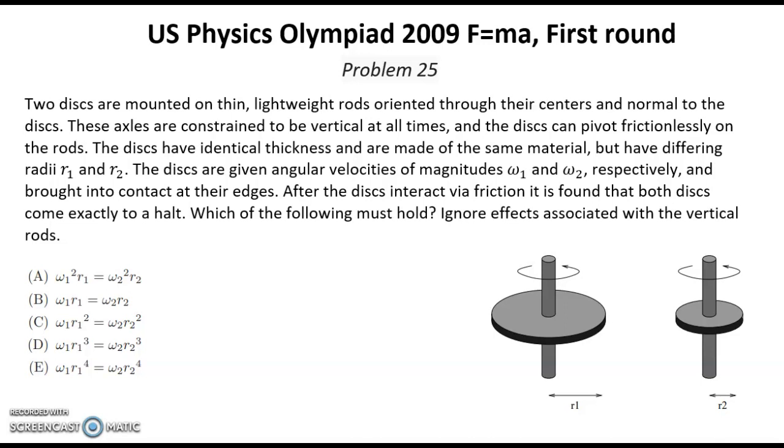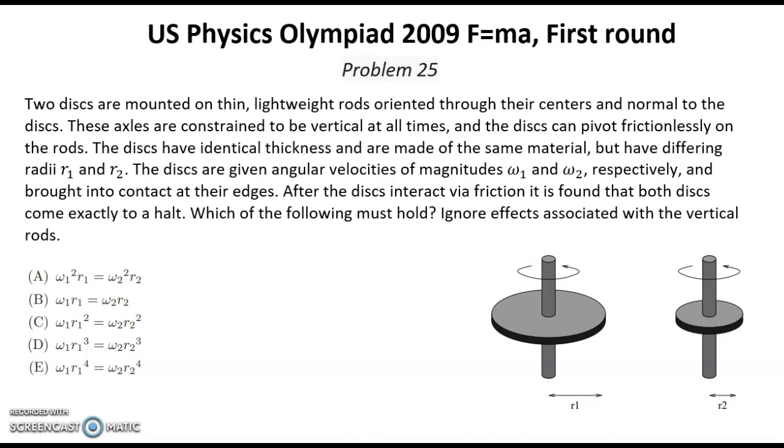The discs are given angular velocities of magnitude omega1 and omega2 respectively, and brought into contact at their edges. After the discs interact via friction, it is found that both discs come exactly to a halt. Which of the following must hold? Ignore effects associated with the vertical rods.